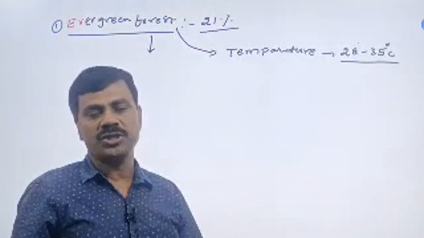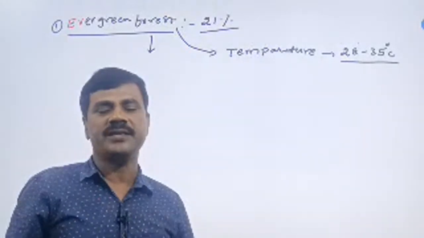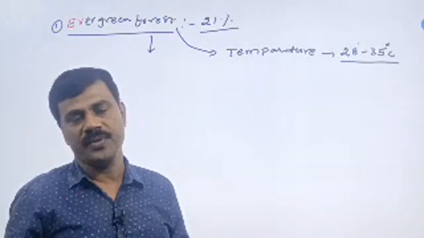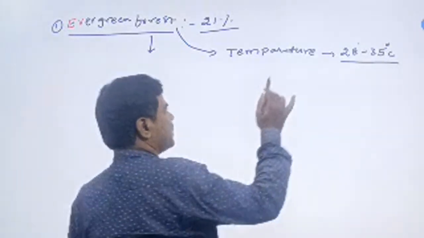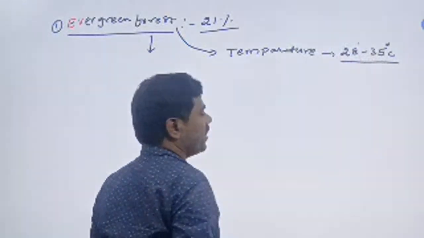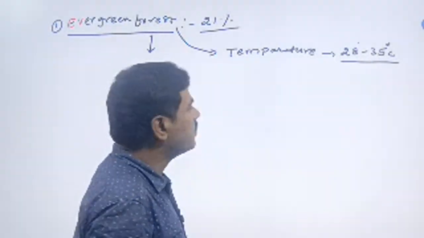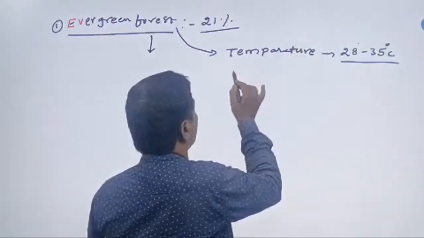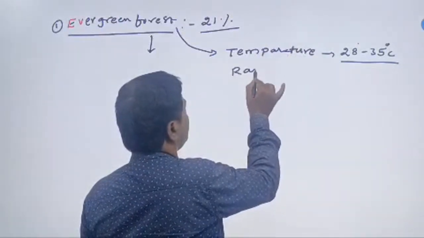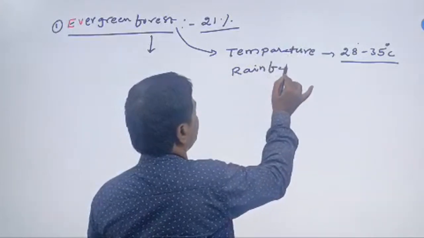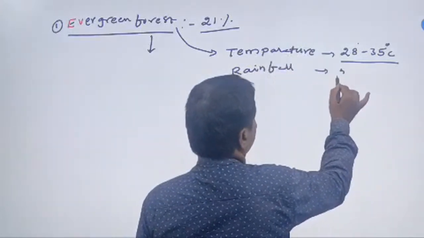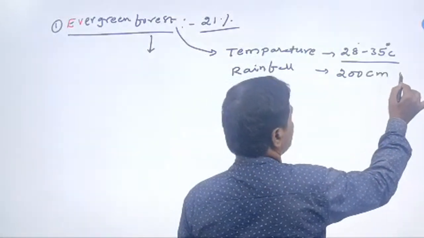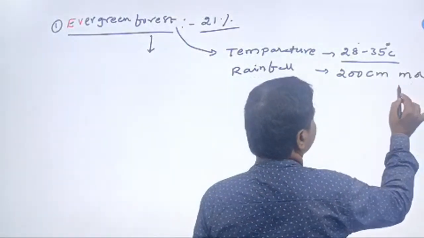When the temperature gradually increases, in the presence of that high temperature, water from the ocean evaporates into the atmosphere. So this temperature creates high moisture, which means more rainfall is recorded. The required rainfall is more than 200 centimeters.